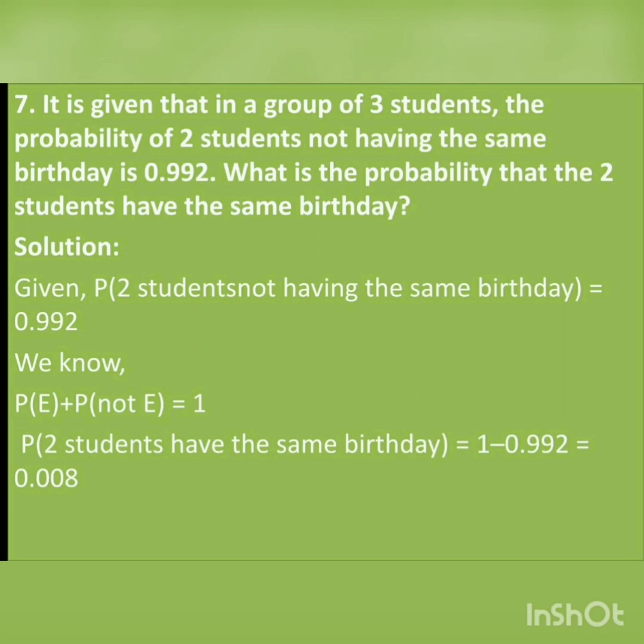So to find the probability of 2 students having the same birthday, we will subtract 0.992 from 1 and we get the answer 0.008, because the probability of any event plus the probability of that event not happening is always equal to 1. So by this formula we will find the answer.